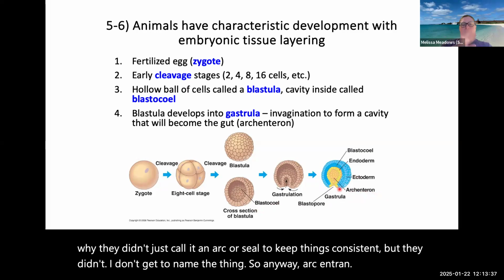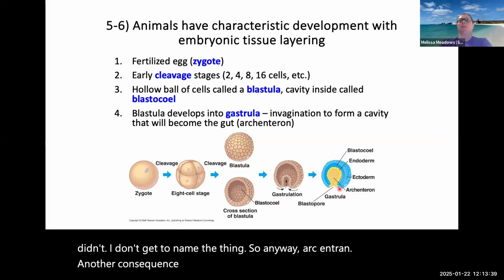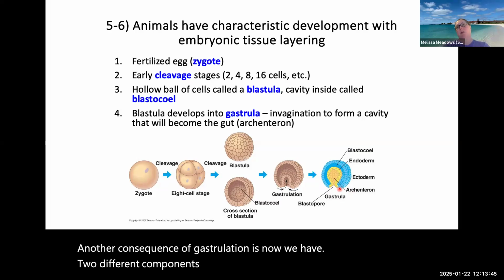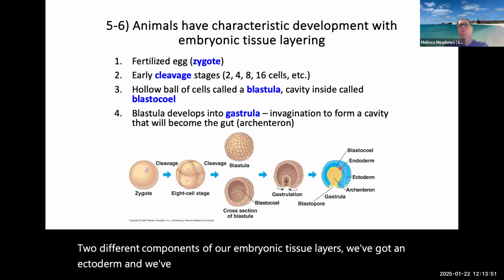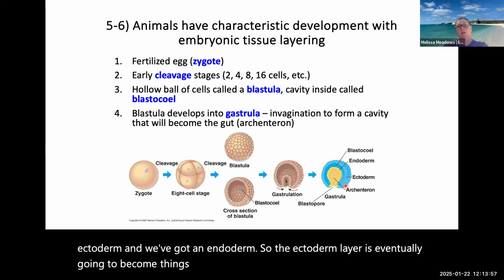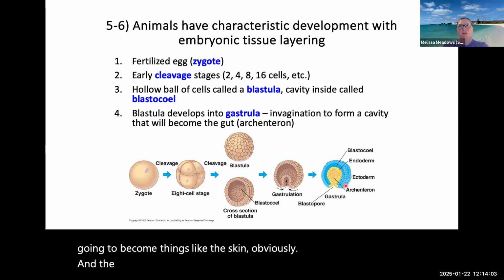Another consequence of gastrulation is now we have two different components of our embryonic tissue layers. We've got an ectoderm and we've got an endoderm. So the ectoderm layer is eventually going to become things like the skin, obviously, and the exoskeleton in organisms with an exoskeleton, as we just talked about.